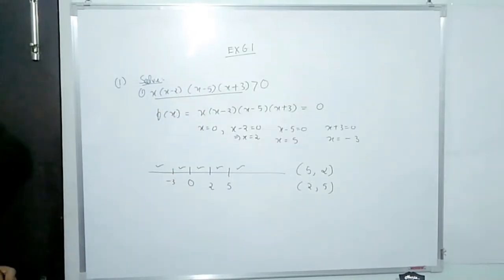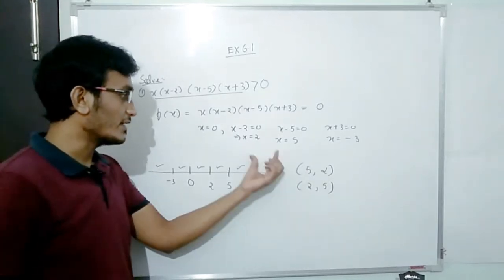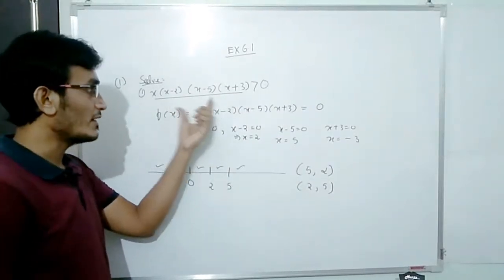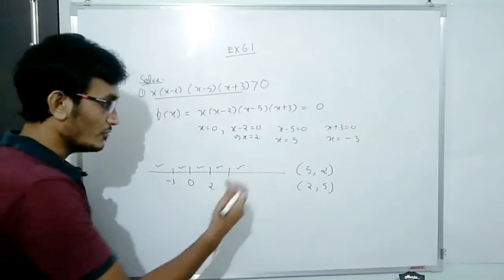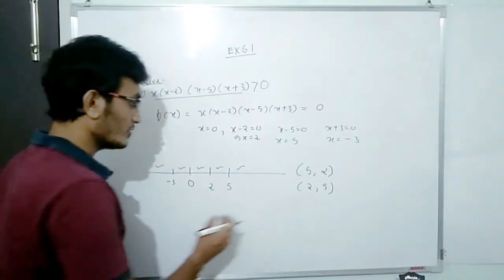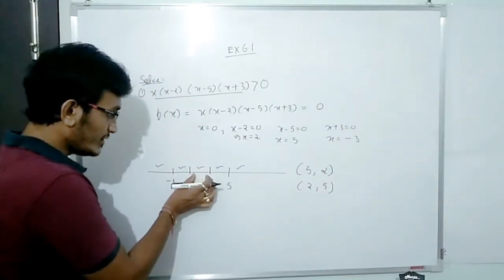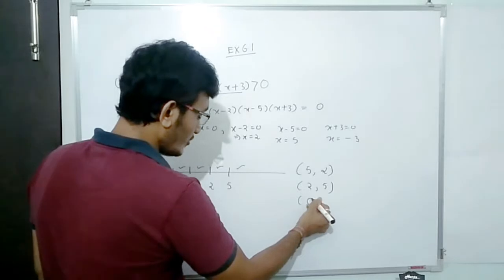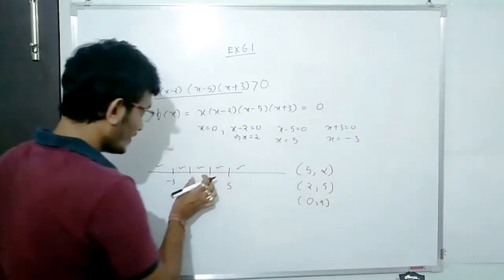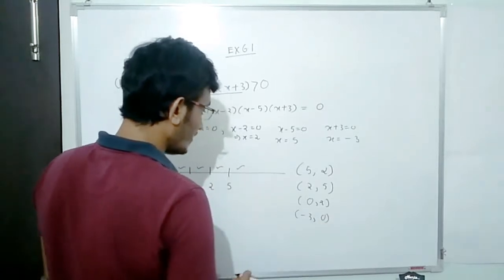Why are we writing an open interval? Since 2 and 5 are critical points, at these points the value of the function is 0, so we should exclude these 2 points. We should exclude the critical points, so we give the open interval. Then next, open interval (0, 2). Then next, open interval (minus 3, 0).